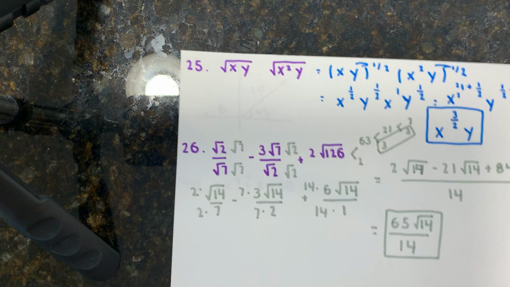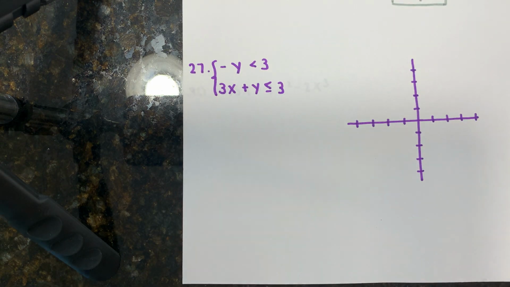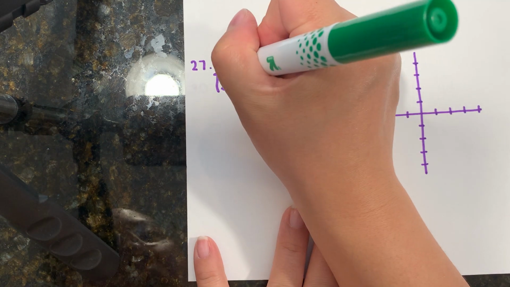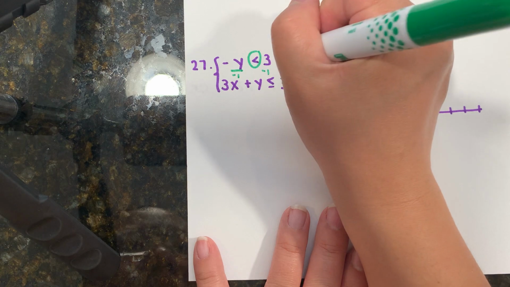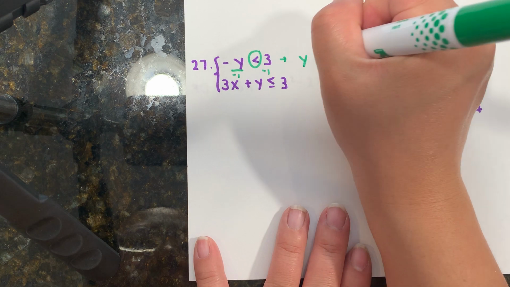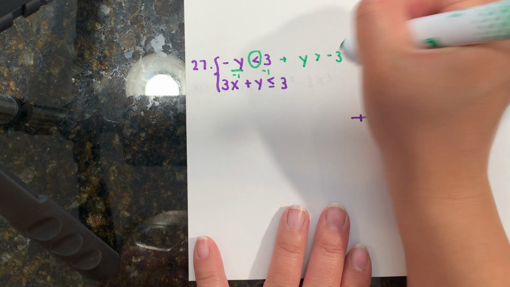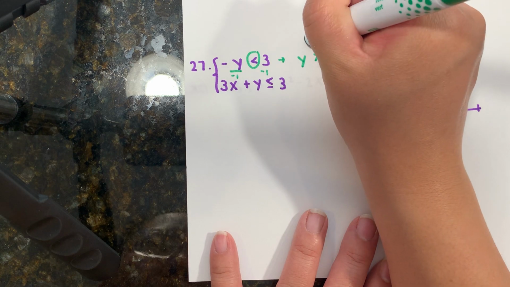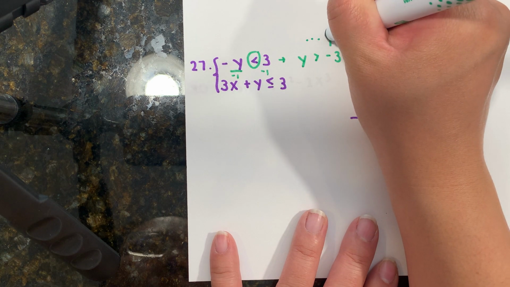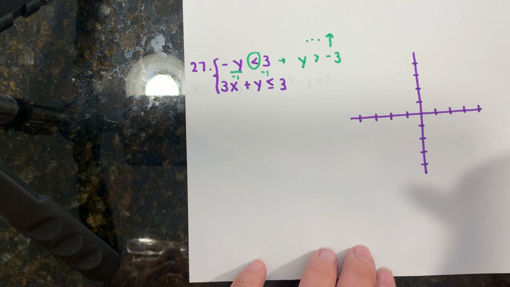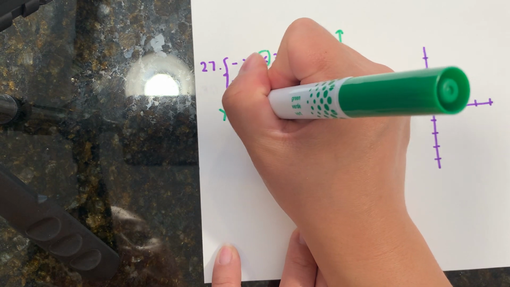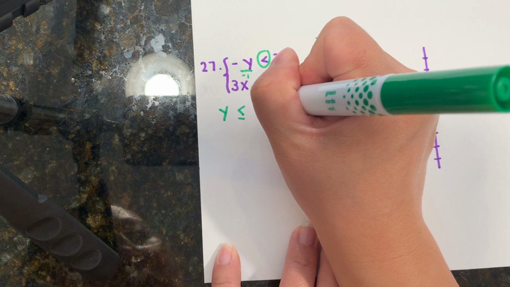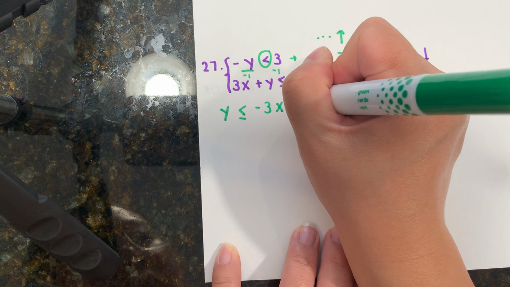Now moving on to number 27. All I need to do first for the first one is divide by -1, but that does flip the inequality. So that means I have y is greater than -3. It's going to be a dotted line, and you're going to shade everything above it. For this next one, I just need to move the 3x to the other side. So I have y is less than or equal to -3x plus 3.